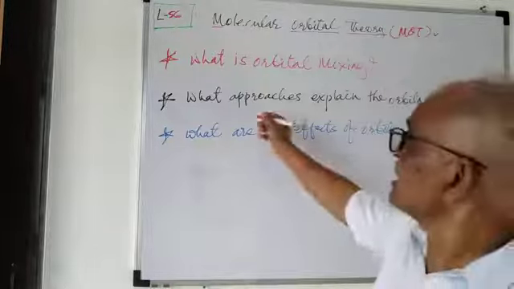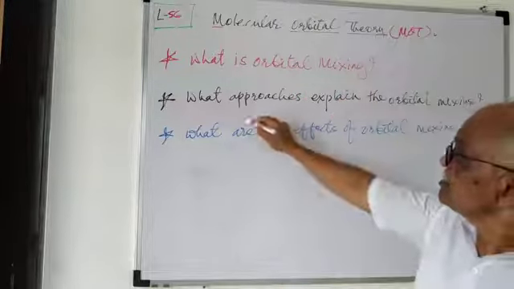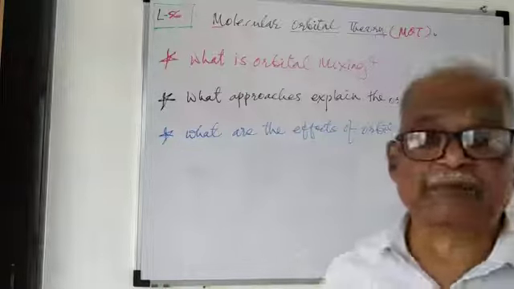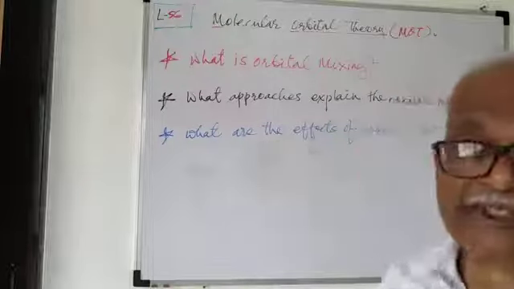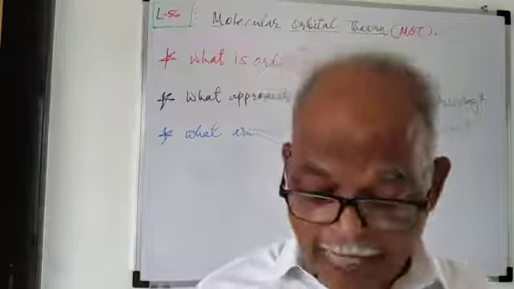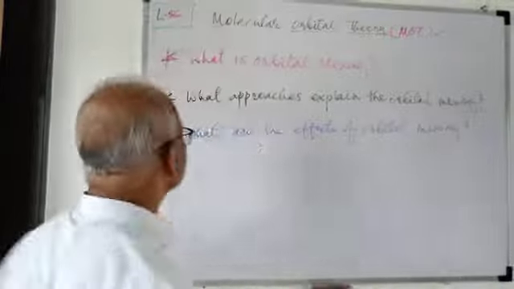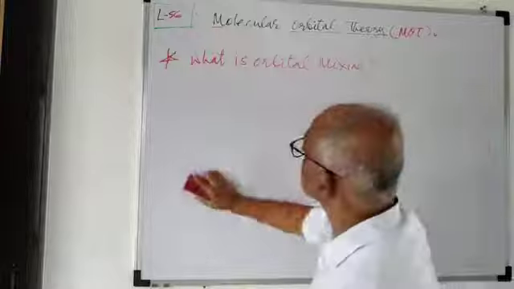Now we have to see molecular orbital mixing. Here we will see what approaches are there to explain this orbital mixing, and what are the influences or consequences of this orbital mixing. So we will discuss these things one by one.